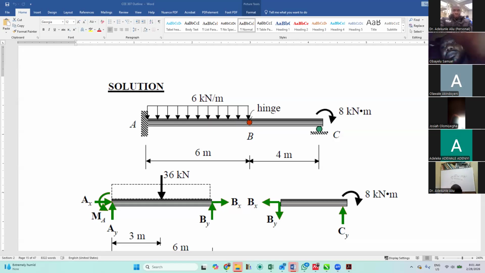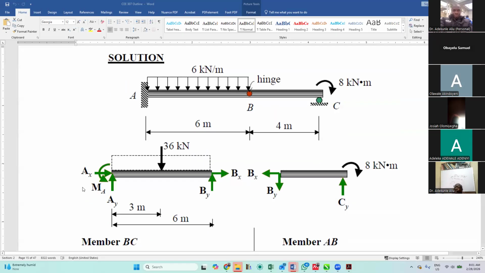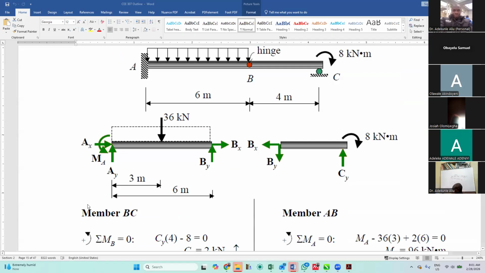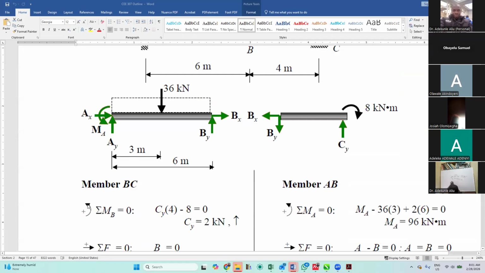Okay. So I have to establish whether moving in this direction is positive or negative. Any one you choose is left for you. But in this example, we said let this direction be positive.